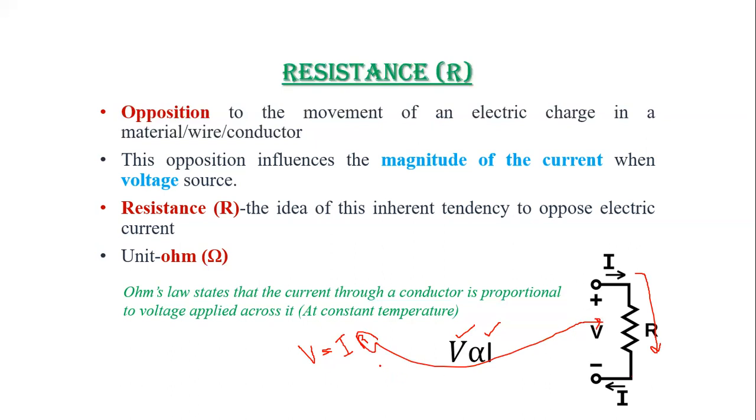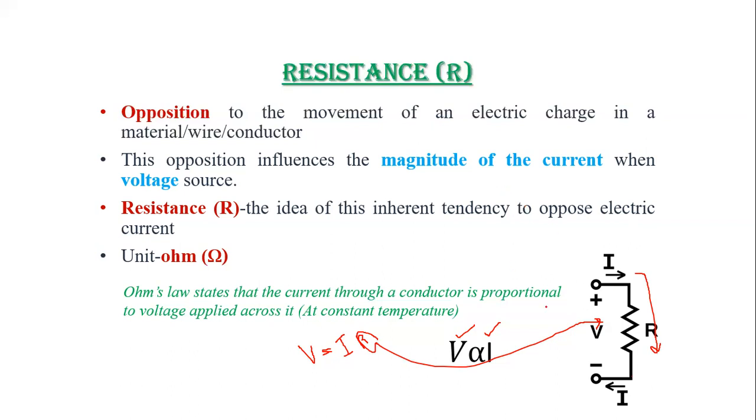Therefore, R can be written as the ratio of V by I: the voltage applied to the material and the current flowing through the material. That ratio of V by I is known as the resistance, which is the property of this material which opposes the flow of current.